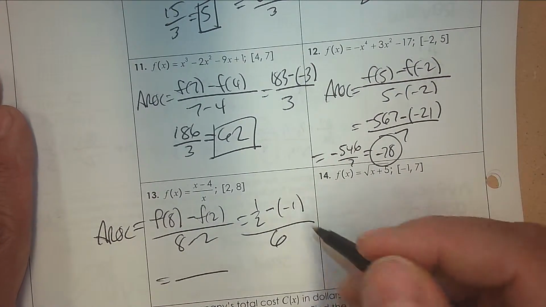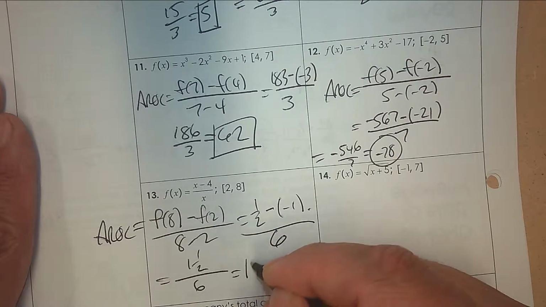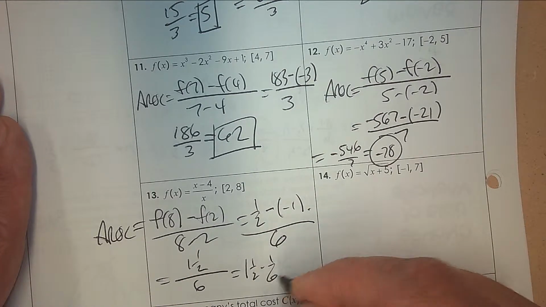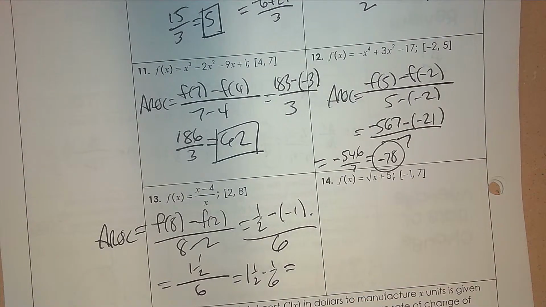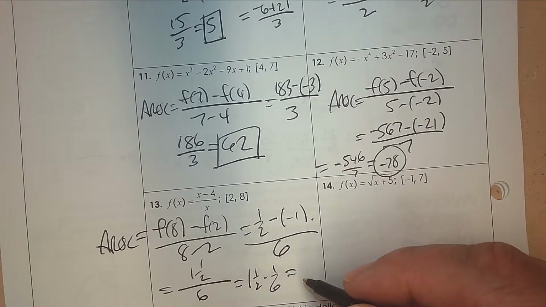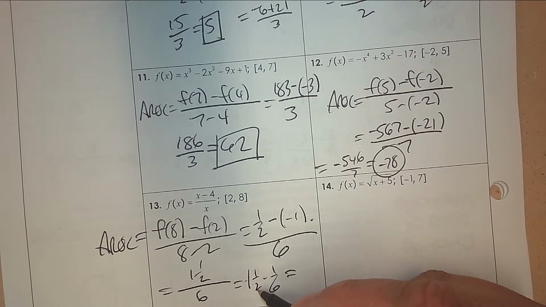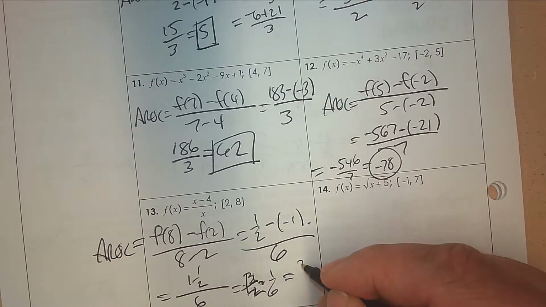Good practice. 1/2 plus 1 is 1.5. 1.5 divided by 6 is like times the reciprocal. And so if I put it all together, times the reciprocal, right? Yeah. So this is really 3 over 2, so I'll write it that way, times it. And so this is 3 over 12.